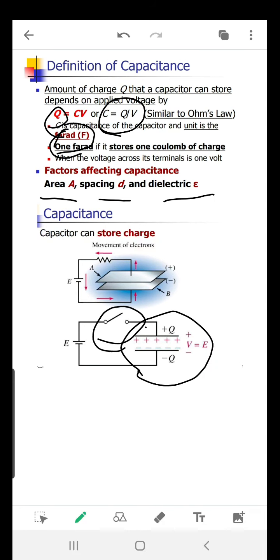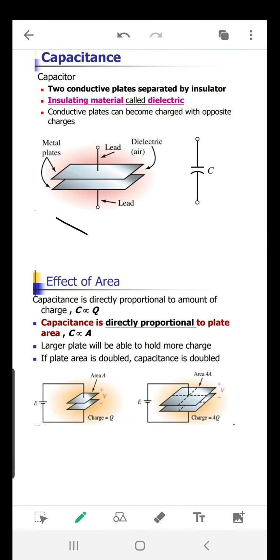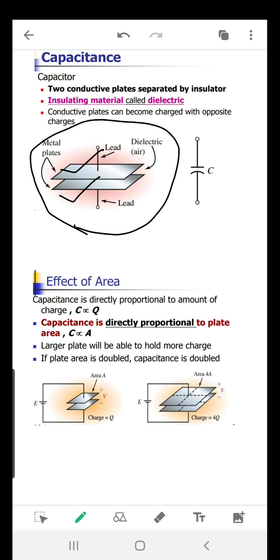So what is the area of the capacitance? See, this is a construction of the capacitor in which we can see two metal plates are there. This is one metal plate, this is another metal plate. In between two metals, one dielectric is there. So here in this example, the dielectric material is air, and these two terminals are leads.